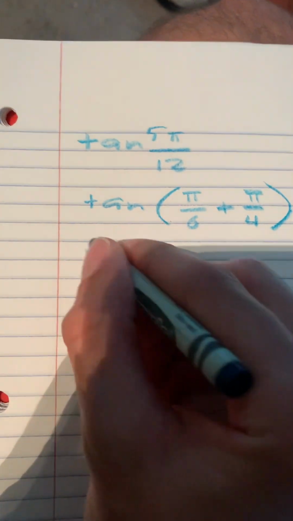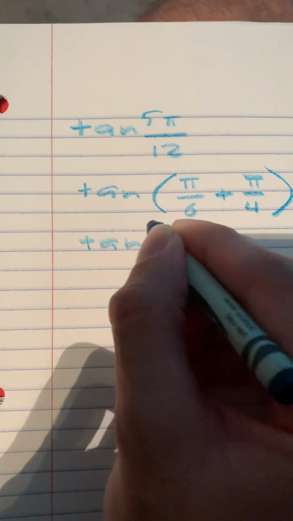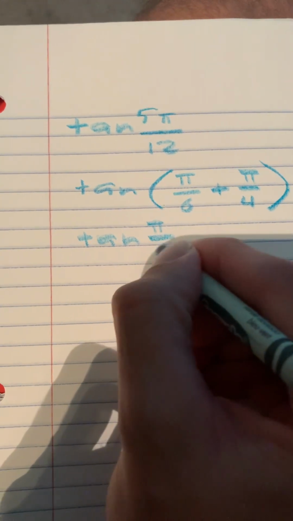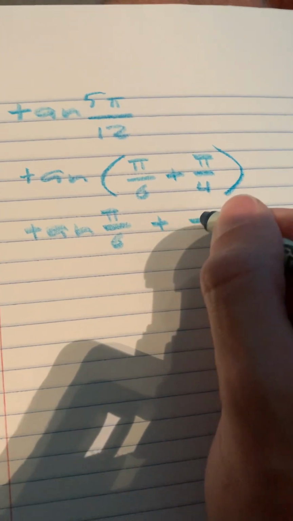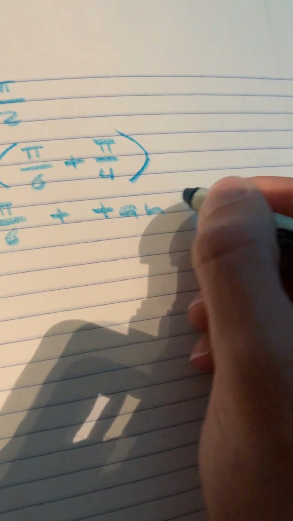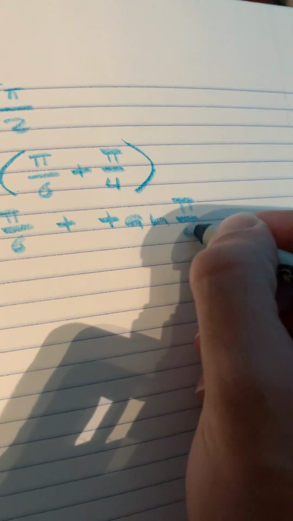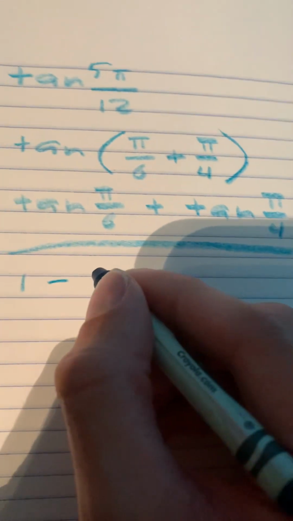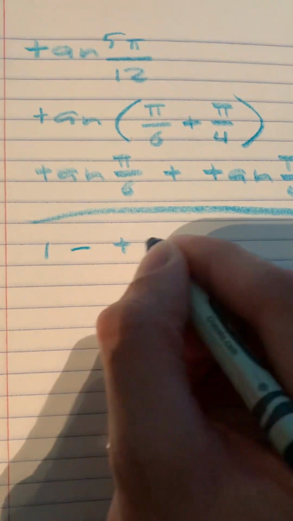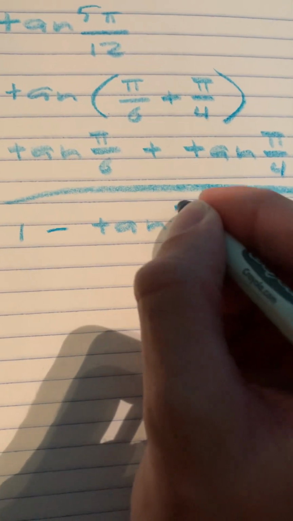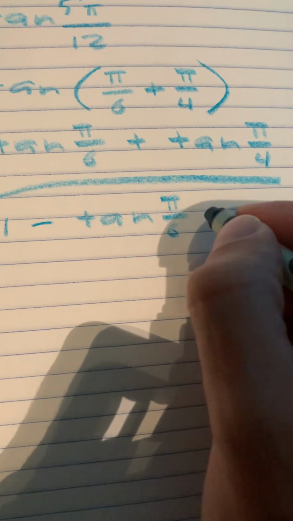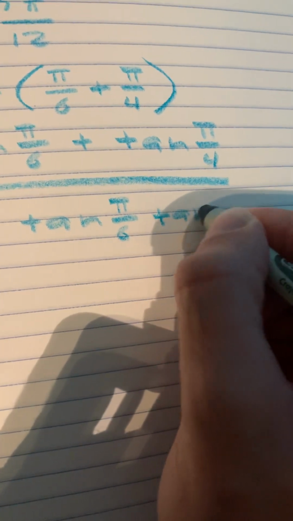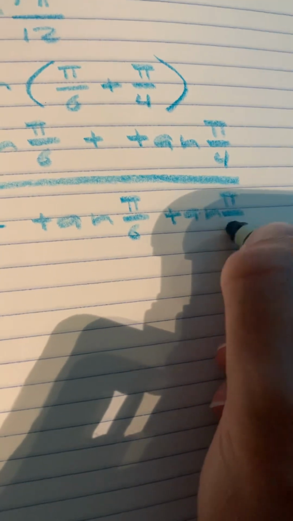So just using the traditional identity, I have tan pi over 6 plus tan pi over 4 over 1 minus, because the sign changes, tan pi over 6 tan pi over 4.